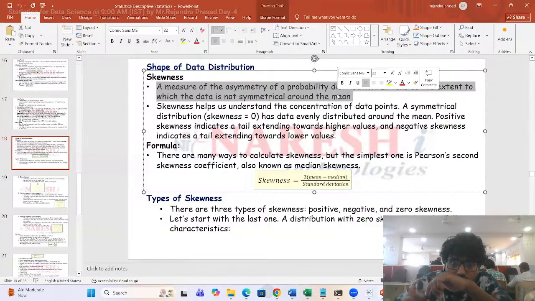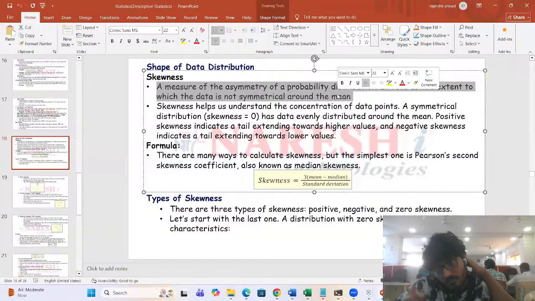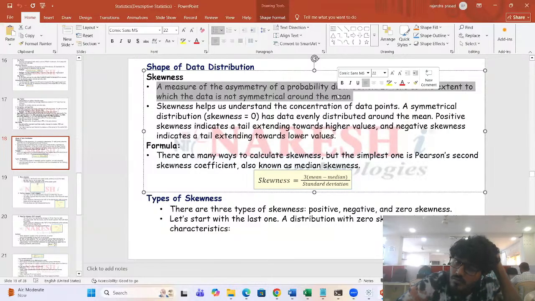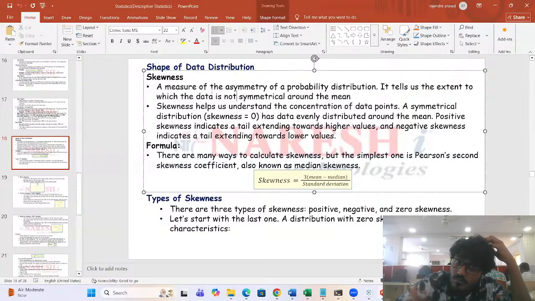Asymmetry means, when the data is normally distributed, you have another name: the data is symmetrically distributed. Normal distribution, or you can say the data is symmetric in nature. Whenever you say abnormal, it is asymmetric. Skewness is a measure used to measure the asymmetry of the distribution.